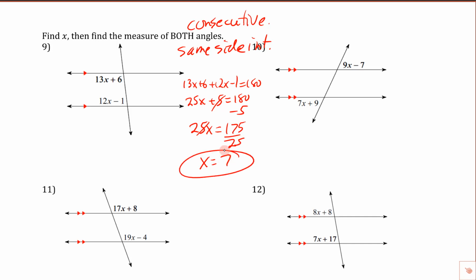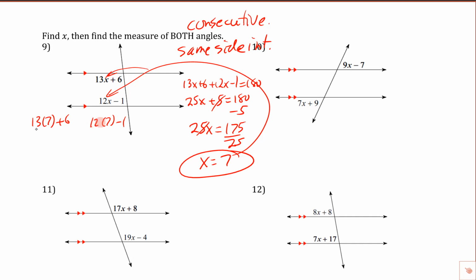Now we do need to find both of the angles. So we need to take this and plug it in right here, and plug it in right here. I'm going to change colors just to keep this straight. So this is going to be 13 times 7 plus 6, and the other one is going to be 12 times 7 minus 1. Are we pretty good at our 12 and 13 times tables here?